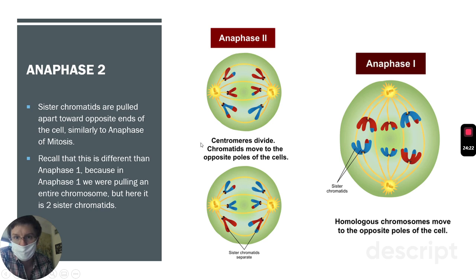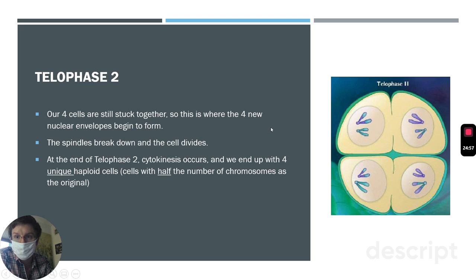So again, make that distinction between the homologous chromosomes and the sister chromatids. If you're confused, ask me about it during class and I will happily articulate it to you, because this is where a lot of students get tripped up. You've got homologous chromosomes lined up next to each other in pairs. This one, you've got chromatids being pulled apart to opposite ends. All right, that's anaphase 2 of meiosis.